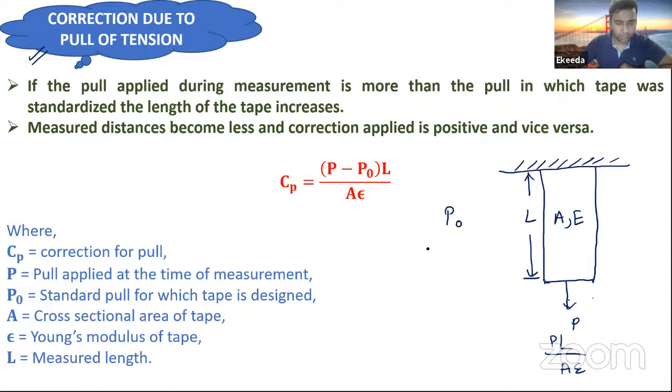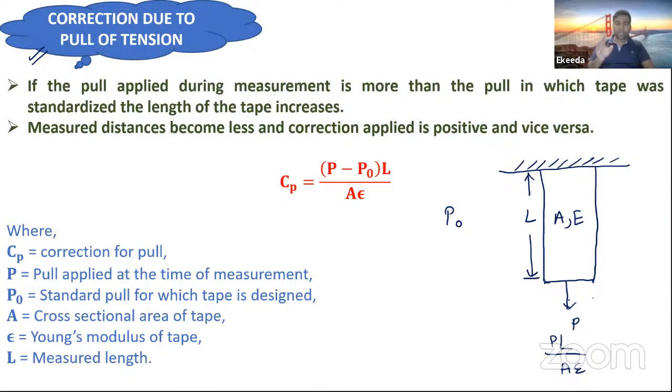It means, I will give an example. Suppose the tape is designed to resist a pull of 25 kilonewton, till 25 kilonewton pull, there will be no extension in the length of tape.